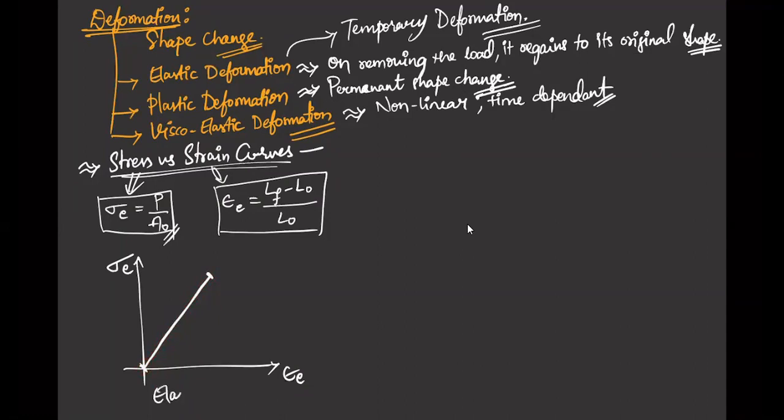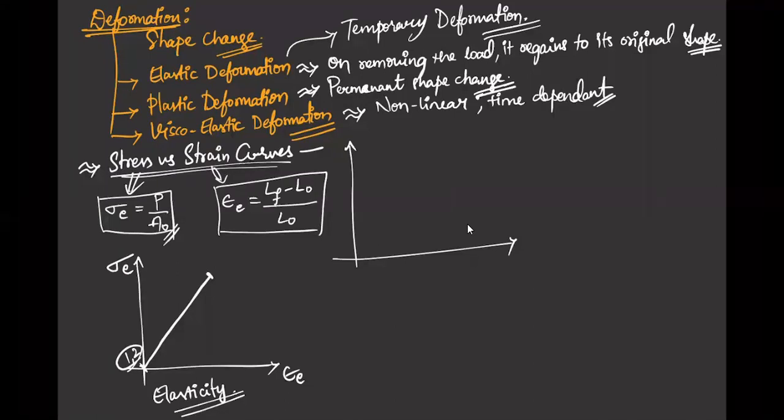So this is for elastic deformation, also known as elasticity, the property of elasticity. Now, what happens in plastic deformation? Plastic deformation is where you can observe a permanent shape change. Here my initial and final point are the same, 1 and 2.